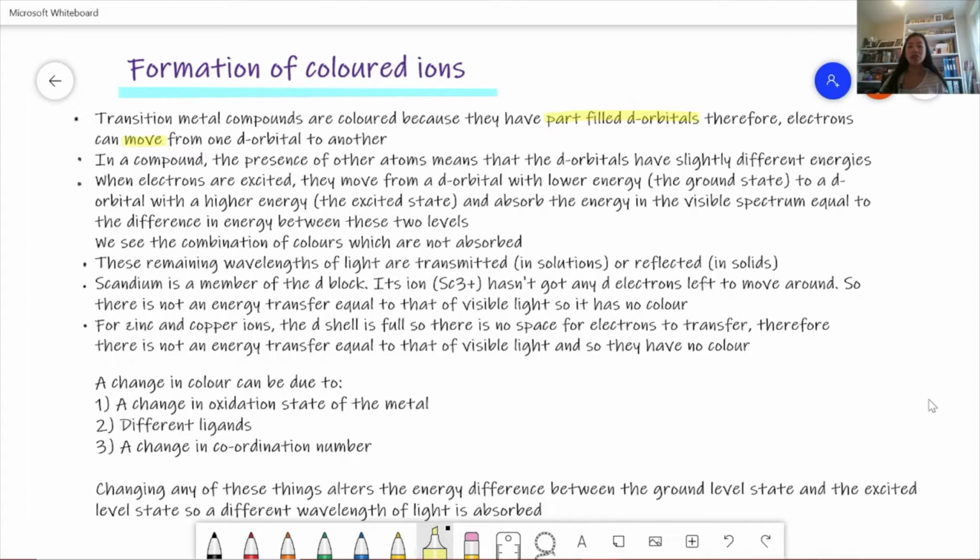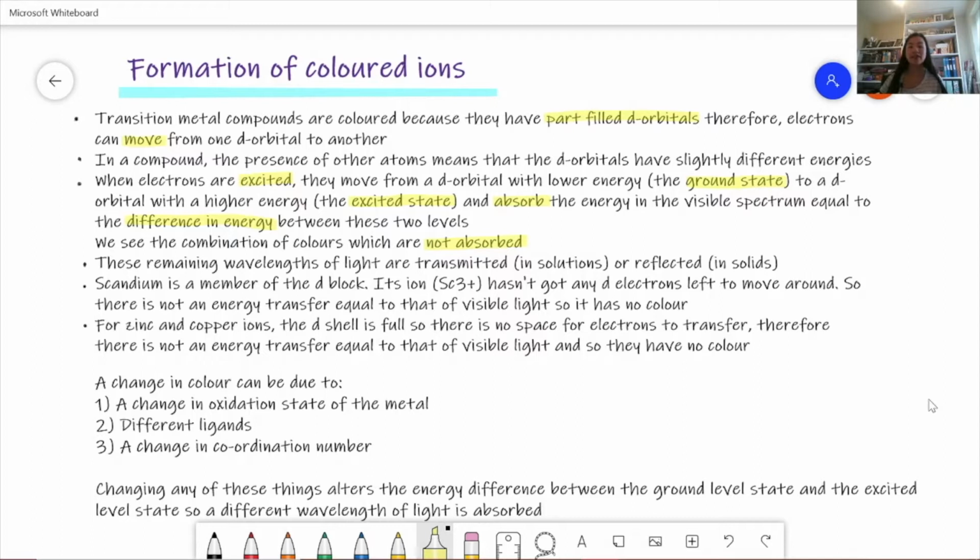So when electrons are excited, they move from a d orbital with lower energy, which we call the ground state, to a d orbital with a higher energy, which we call the excited state. And so they absorb energy in the visible spectrum equal to the difference in energy between these two levels. And so we see the combination of colours which are not absorbed.